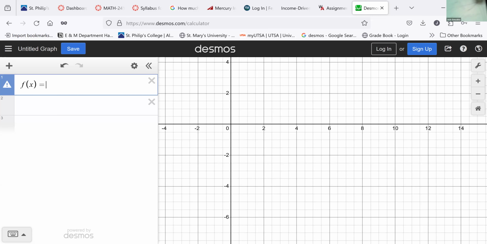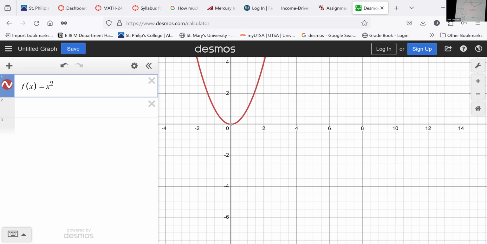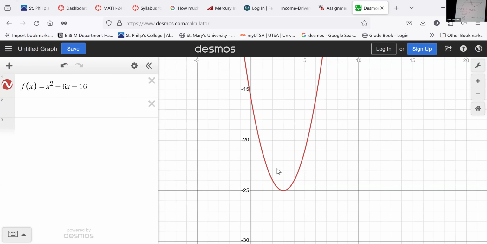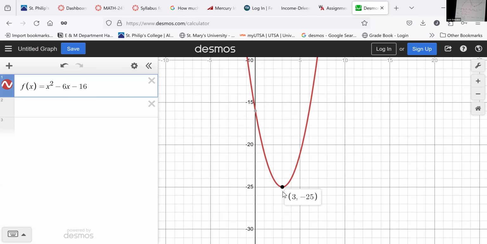The original function was this. Okay. All right. We can see, right? At 3, the critical number that we found, it is indeed a minimum.